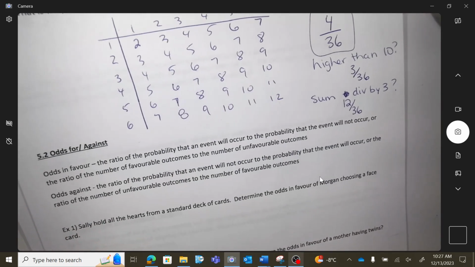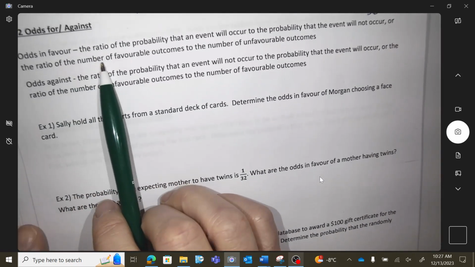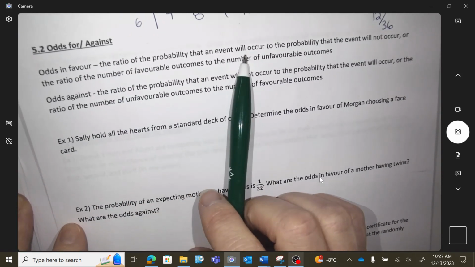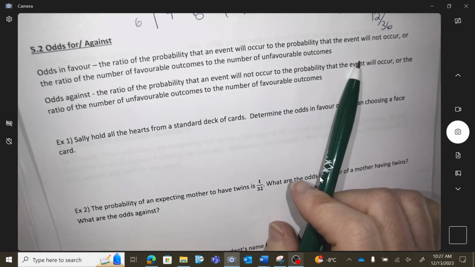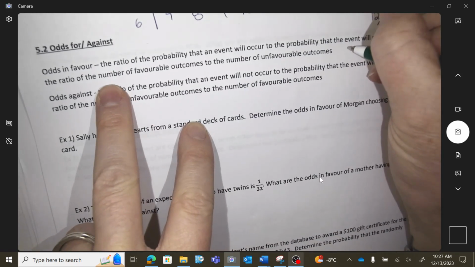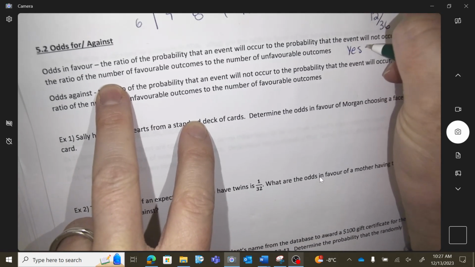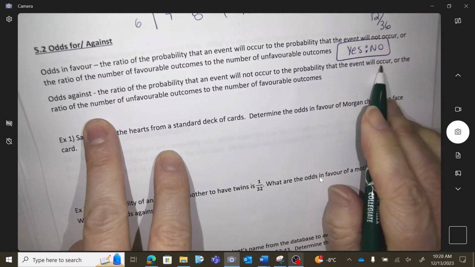Okay, odds for and against. So odds in favor is the ratio of how many times it would occur to how many times it won't occur. Kind of written like that.